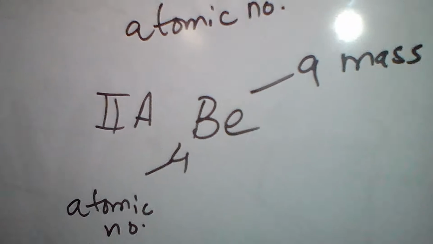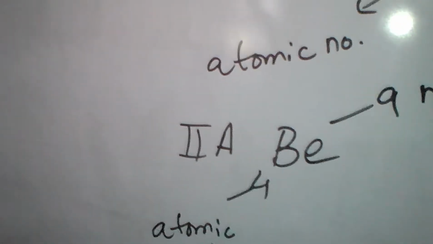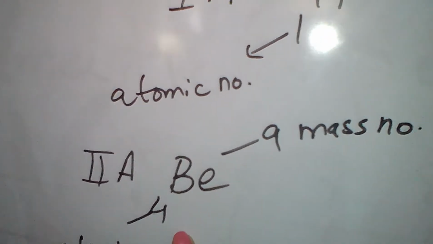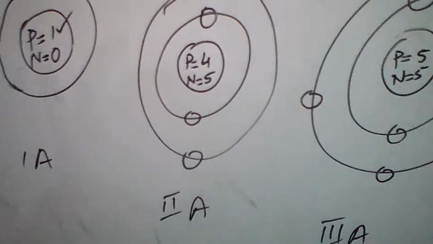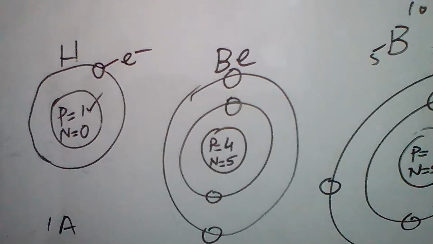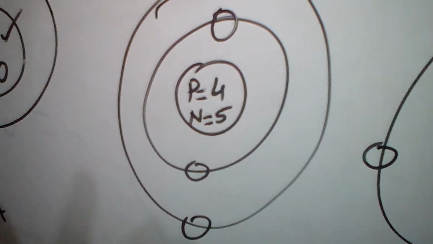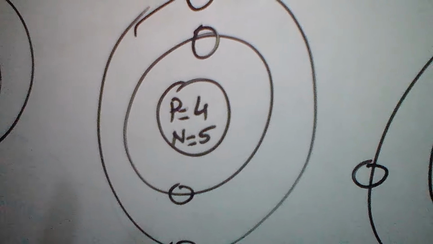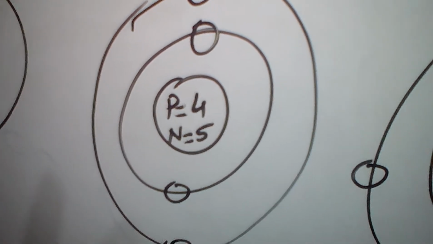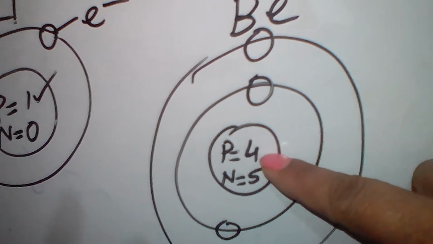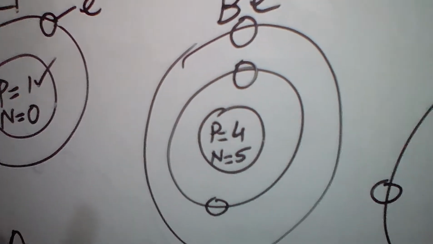As I have told you earlier, depending upon the atomic number, we'll arrange the number of electrons. As the structure of beryllium is quite clear to you, it is a member of the second A group. In its nucleus, we can see 4 protons and 5 neutrons. According to the number of protons, we'll arrange the electrons.